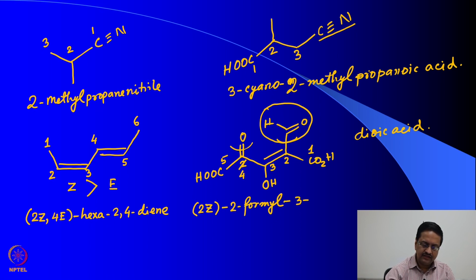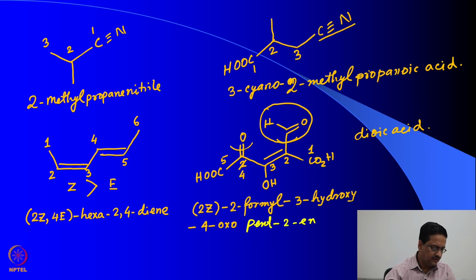At 3 position we have hydroxy. At 4 position we have oxo, then we have pent 2-ene dioic acid.